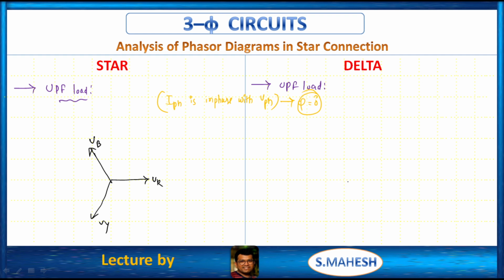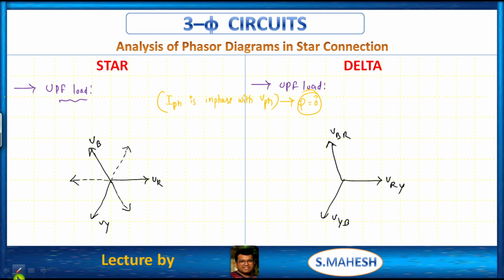In this case also, the phase voltages are VRY, VYB, this is VBR. That's it. Okay.